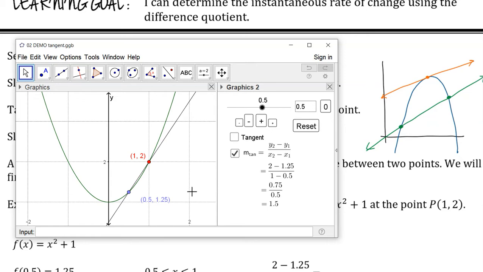If it's a secant, we're fine. If it's a secant, I've got 2 points. I can find the y value of each of those points, which you can see over on the side here. I'm using my slope formula from grade 9, finding 2 points, subtract the tops, subtract the bottoms, and divide, and I get my average rate of change, because this is a secant, because there are 2 points.